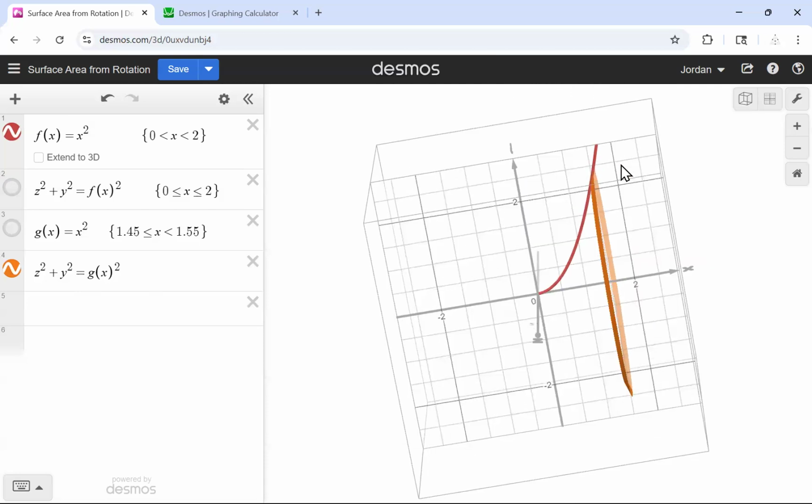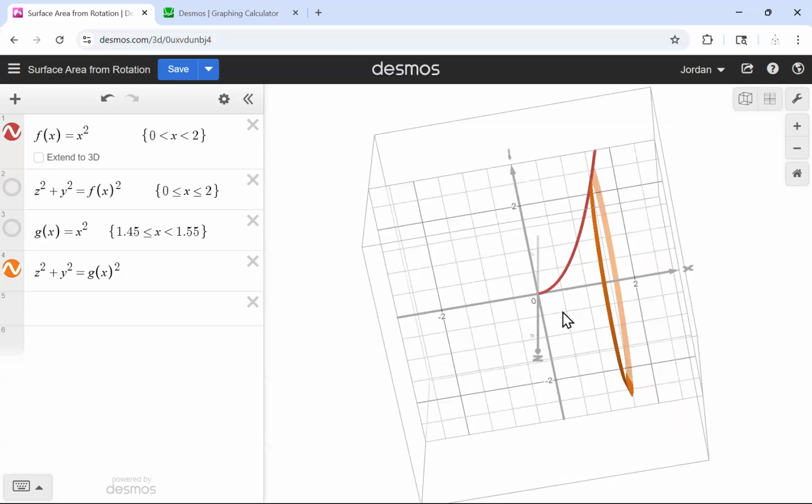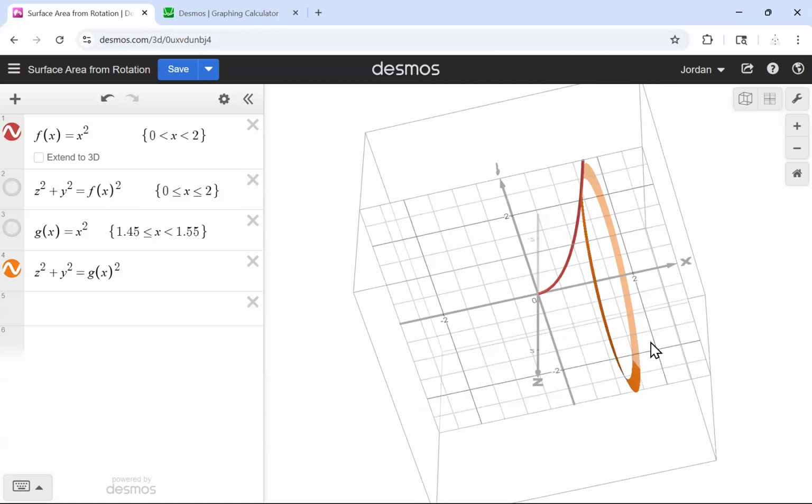So because this ribbon is angled, we'll see an arc length piece and then times circle. And again, when I rotate it around, I'm measuring the circumference of the circle, which is 2 times pi times some radius. So I'm going to end up with 2 times pi times a radius times an arc length formula.